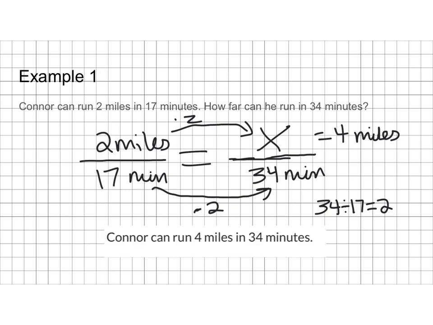So Connor can run 4 miles in 34 minutes. Now the numbers don't always work out quite as nice as this. So let's do one in the next example where the math's a little bit trickier.